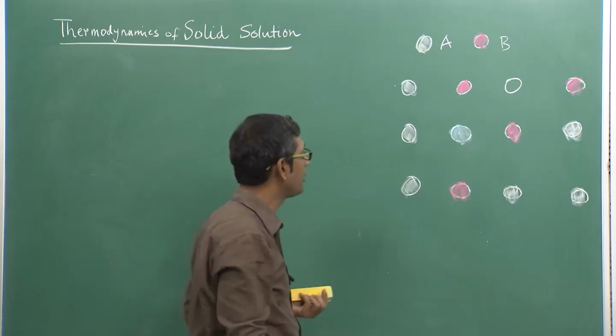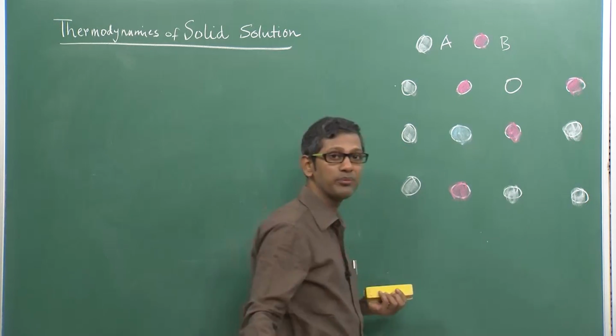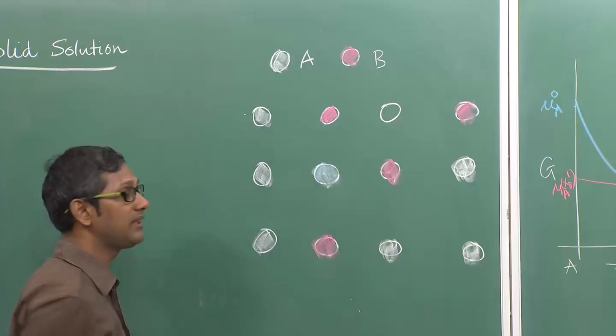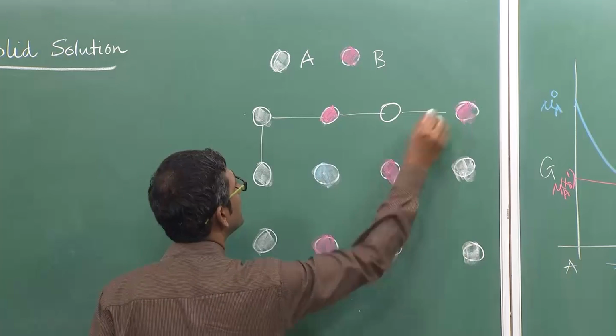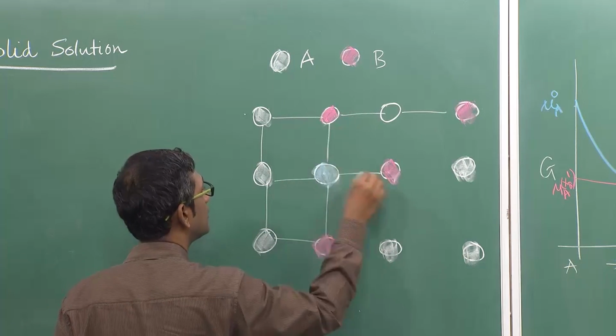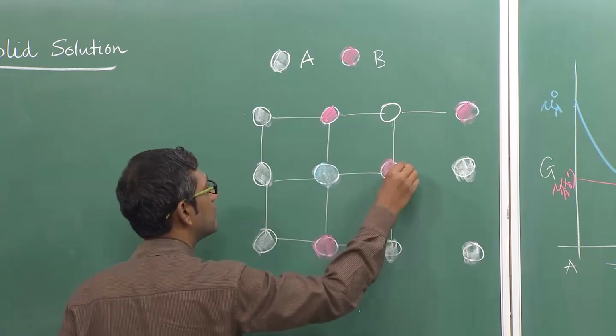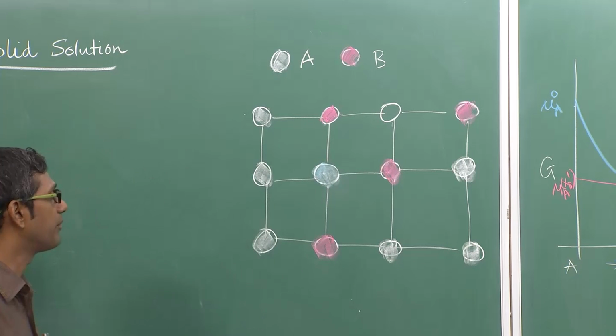So, in a solid solution like this, I have atomically mixed atoms, some are A, some are B. I can clearly see, if I draw the bonds, suppose these lines indicate the type of bonds.